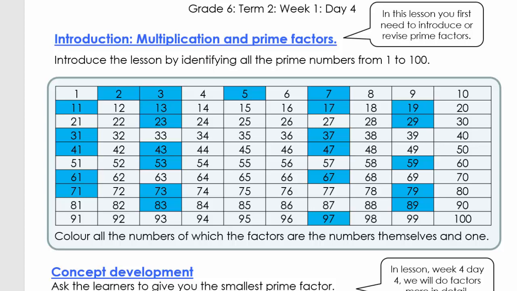So pause it and then you can tell your teacher or your parent. Well done. You notice that all the darker blue numbers are prime numbers because they can only be divided by themselves or 1.